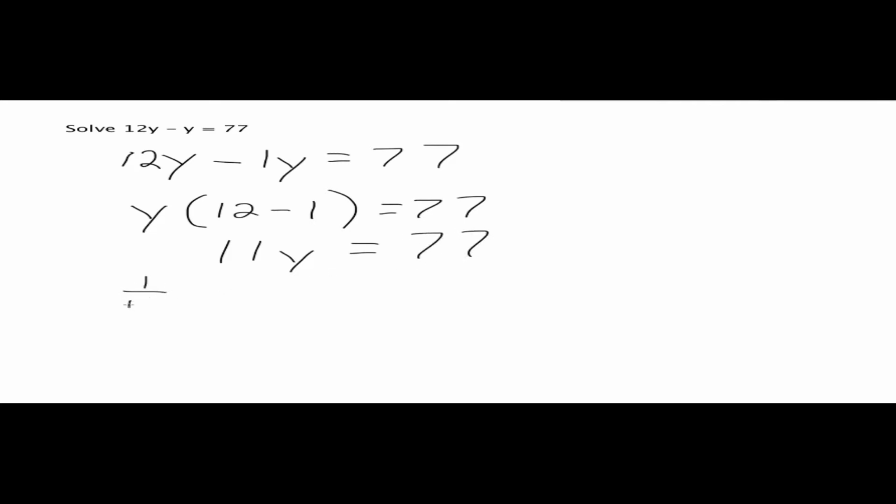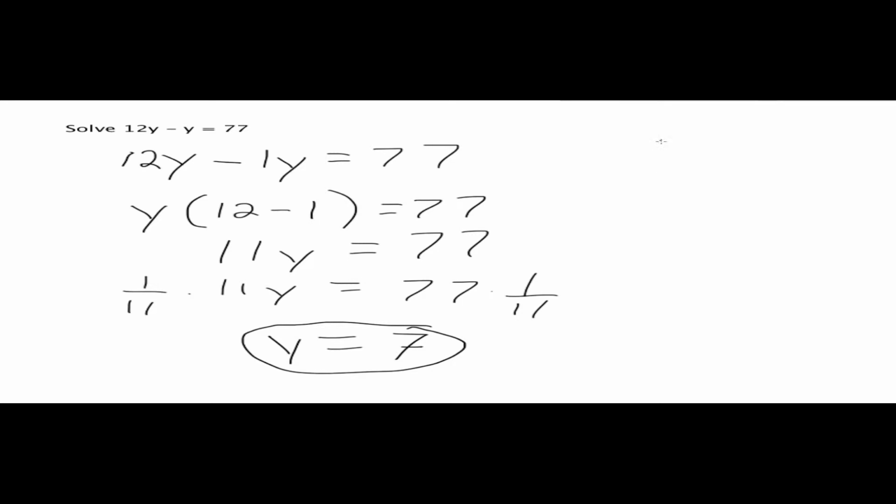1 over 11 times 11y equals 77 times 1 over 11. 11 over 11 is 1. I used the reciprocal. So y is equal to 11 goes into 77, 7 times. Got my answer. Y equals 7.